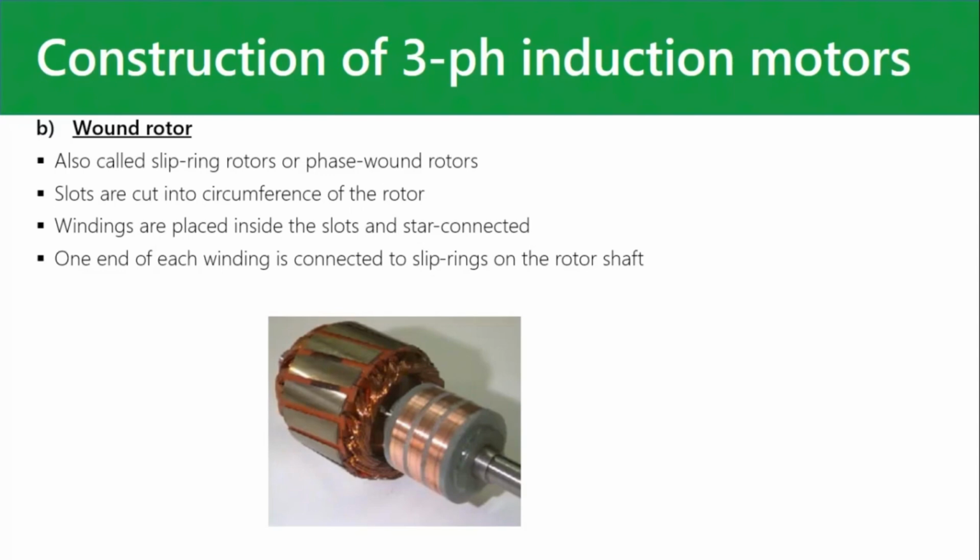Another kind of rotor that you get is a little bit more complicated. It's a slip ring rotor or a wound rotor. So you can see this one has got windings in these slots over here. And then the windings inside here are connected to these slip rings. So each of these slip rings has a brush on it like that, making contact with it as they're turning. And then these go to external resistors.